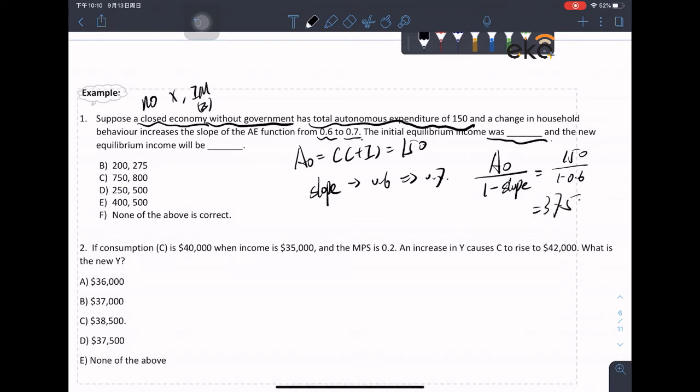The new equilibrium is A0 over 1 minus the new slope 0.7, which is 150 over 0.3, which is 500. And 375, 500, none of the answers above, okay?